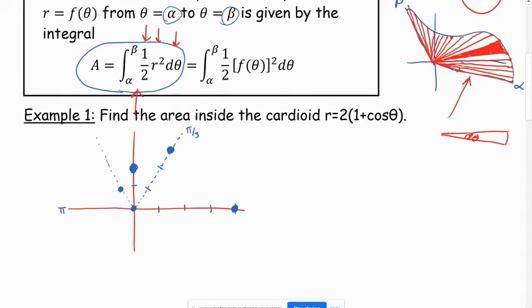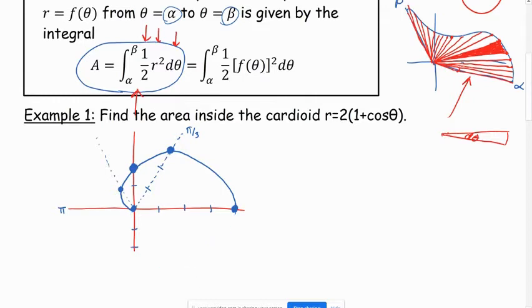And so if we trace out those points that we just plotted, we get this cardioid. And then if we keep going, it's just going to give us the same thing down here. And so there's our cardioid. I'll try to make it look somewhat symmetric.